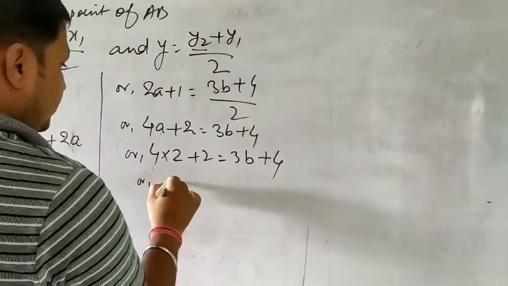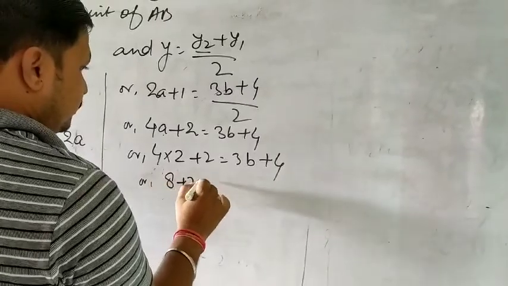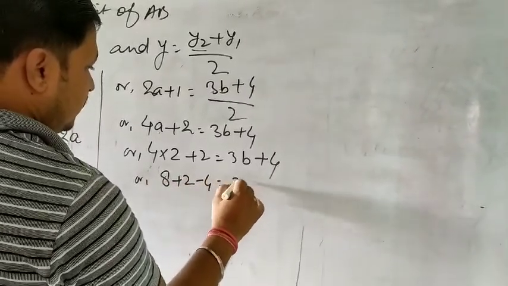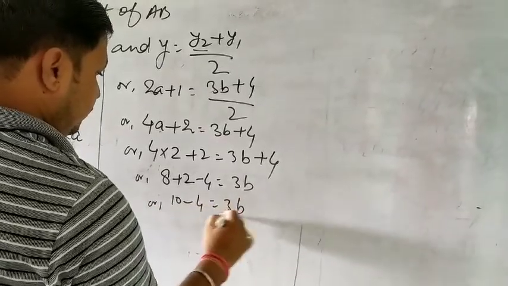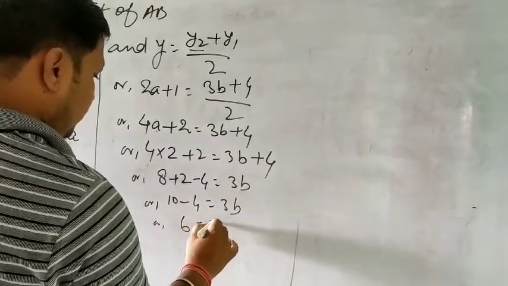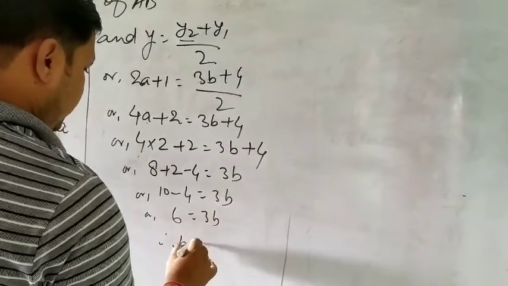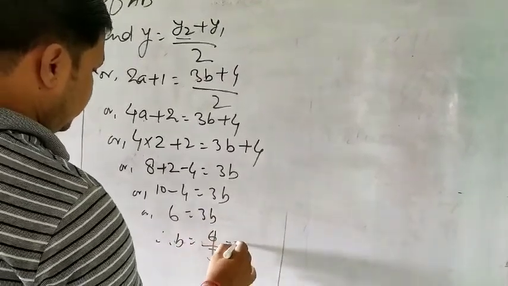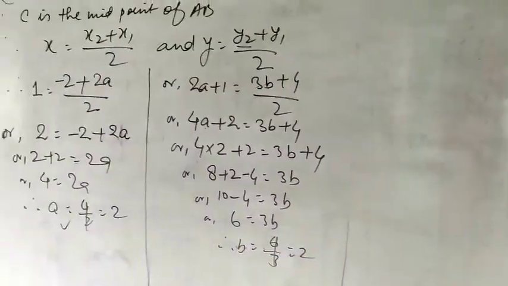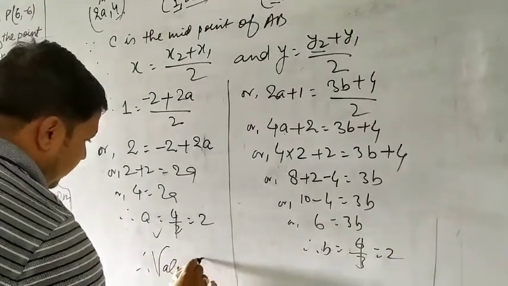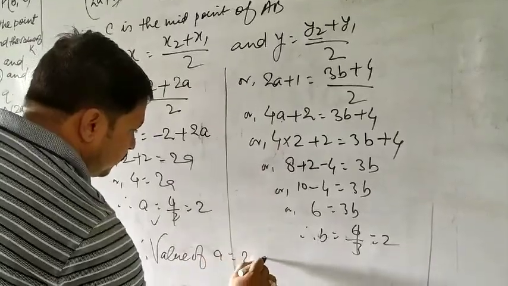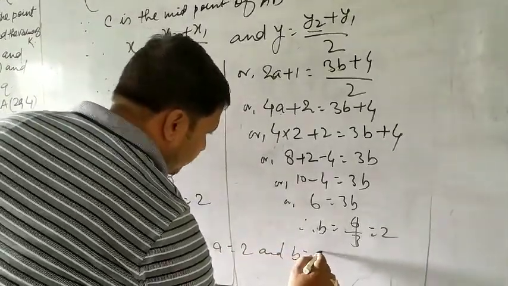That means 8 plus 2 minus 4 equal to 3b, that means 10 minus 4 equal to 3b, or 6 equal to 3b. So b equal to 6 by 3, that means 2. So the value of a equal to 2 and b is also equal to 2.